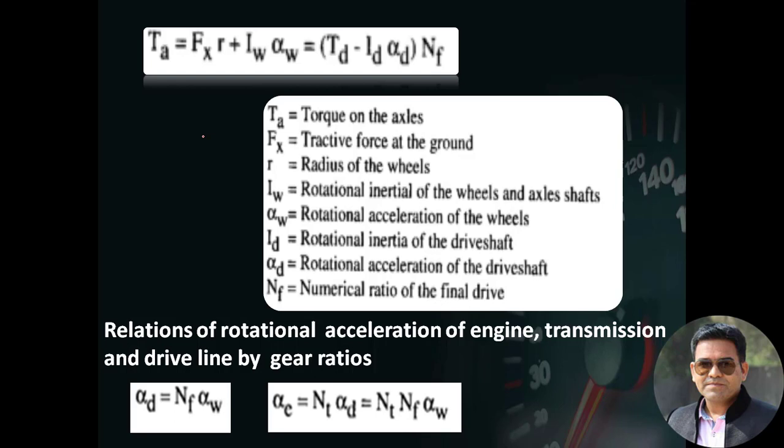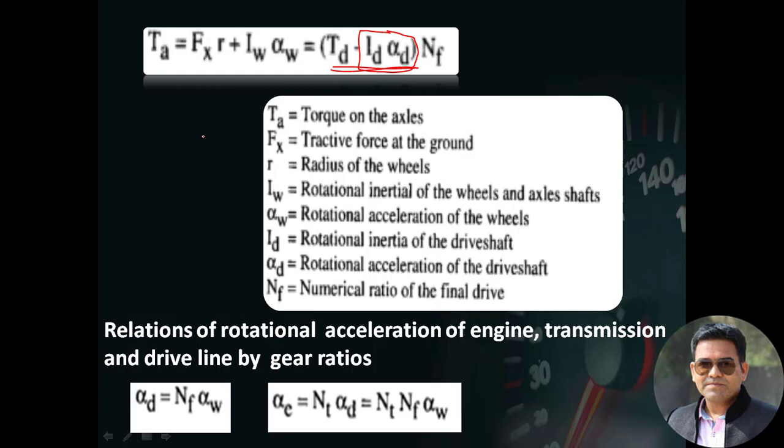The torque transmitted to the drive axle we can calculate in the same manner as in the previous case. TD indicates the torque at the drive shaft, minus the inertia loss in between the drive shaft and the drive axle.